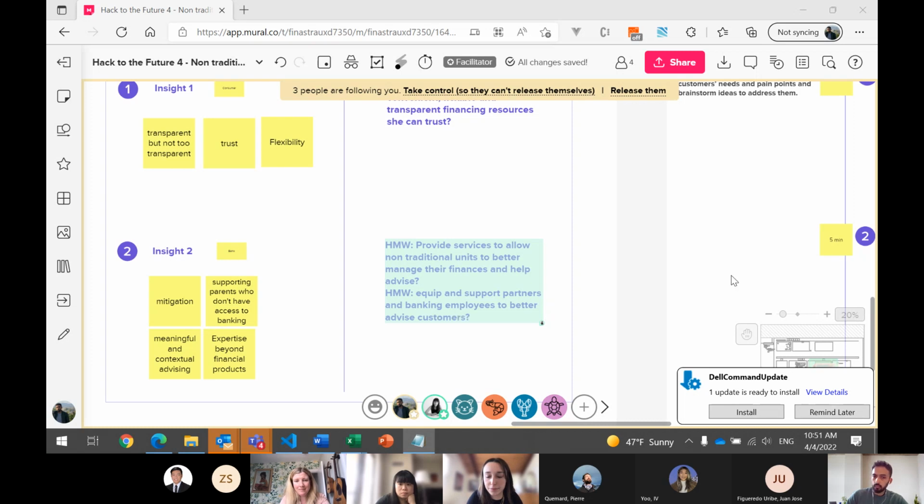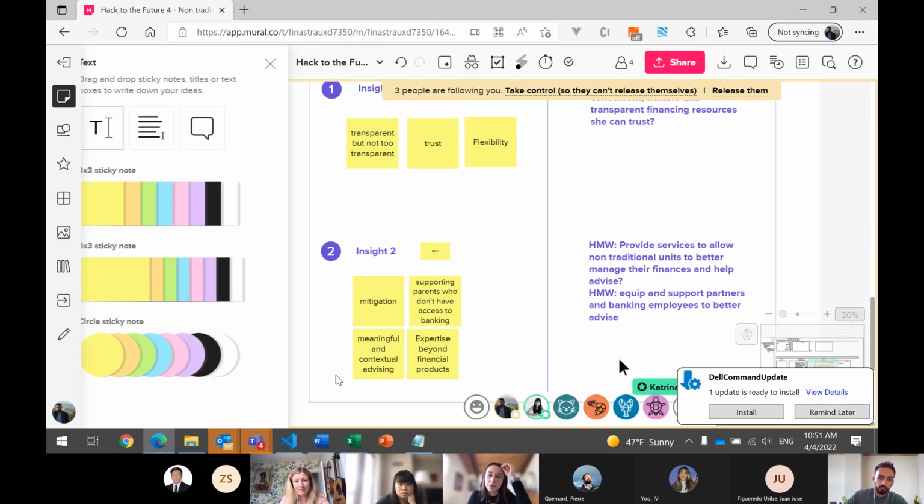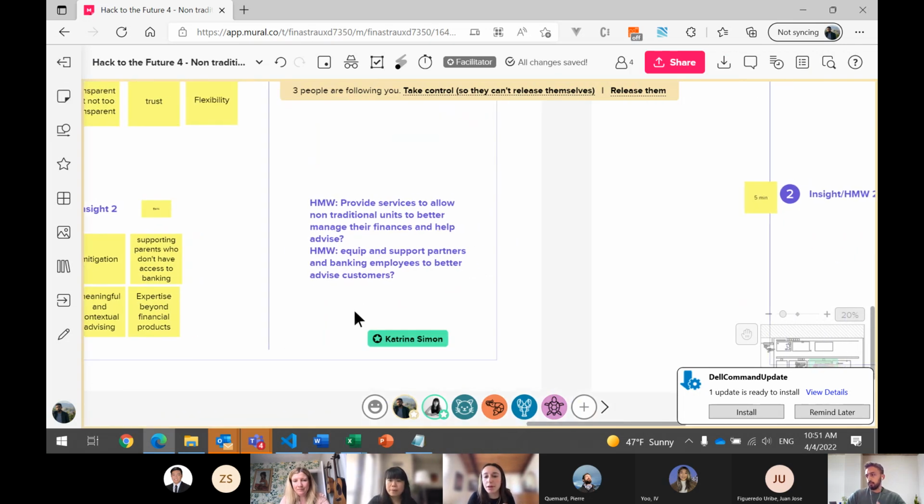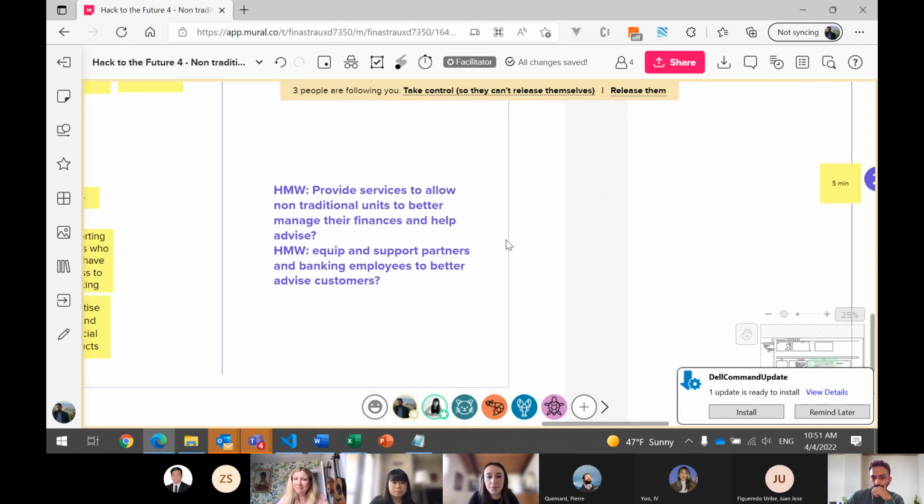Does this frame what you were talking about, Christina? How might we equip and support partners and banking employees to better advise customers? Yes, I think so. Leaves lots of space for us to imagine what could be useful.